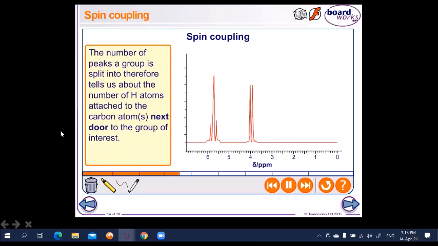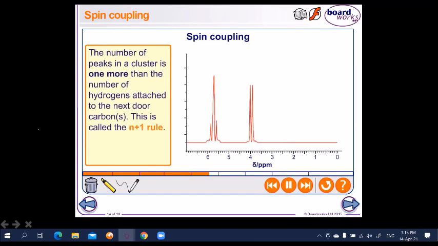Now, the number of peaks a group is split into, therefore, tells us about the number of hydrogen atoms attached to the carbon atoms next door to the group of interest. So that word adjacent we saw earlier is talking about the hydrogens attached to the carbon that's near your own hydrogen's carbon.